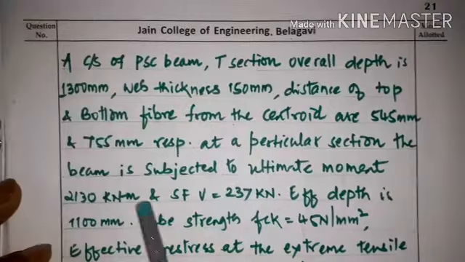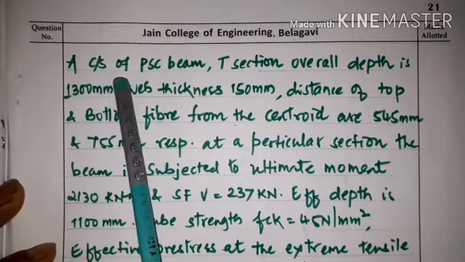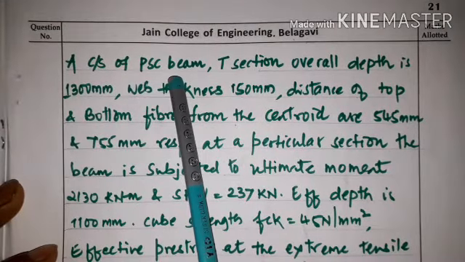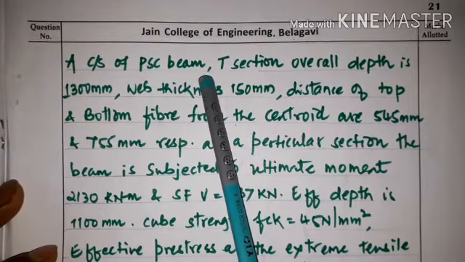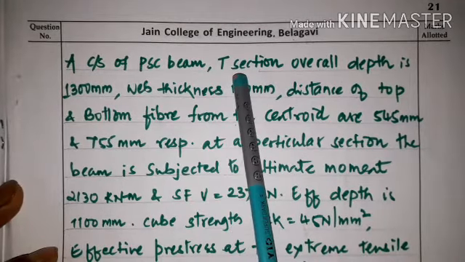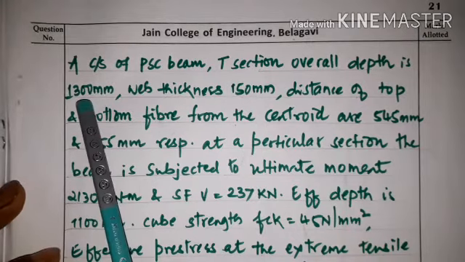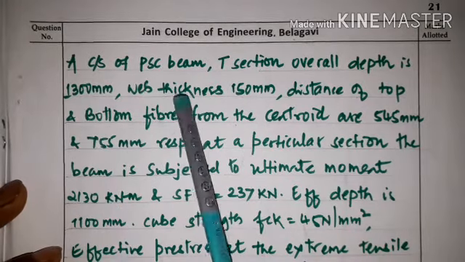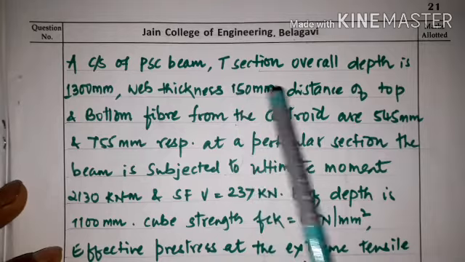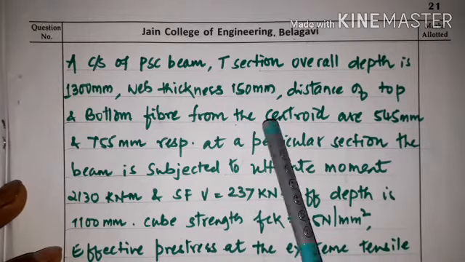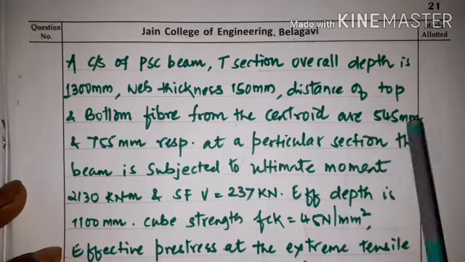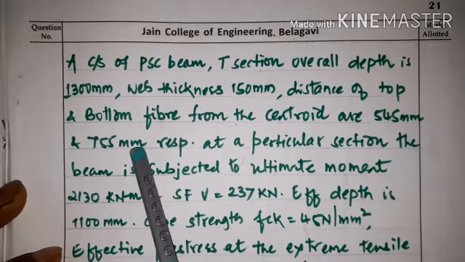It is given a cross section of a PSC beam, T section. Overall depth is 1300 mm, web thickness is 150 mm, distance of top and bottom fiber from the centroid are 545 mm and 755 mm respectively.